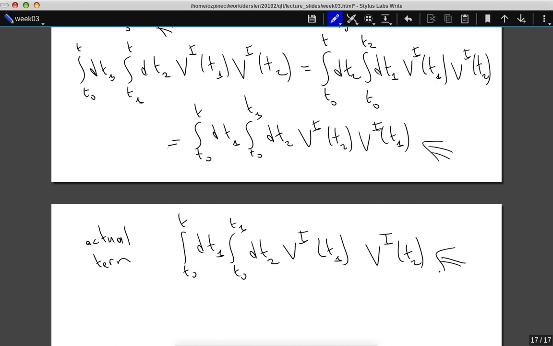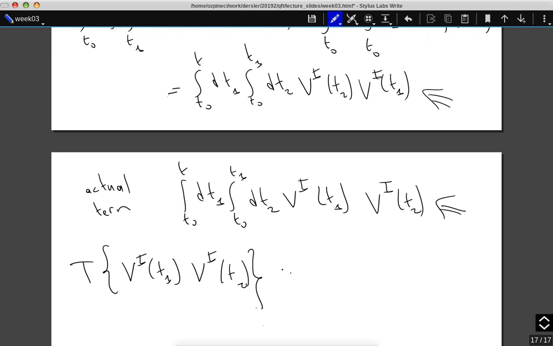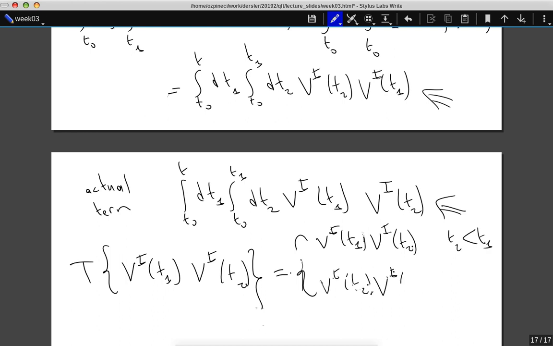So I will invent something. I will make a definition. This will be equal to Vi of t1, Vi of t2 if t2 is less than t1, and Vi of t2, Vi of t1 if t1 is less than t2.